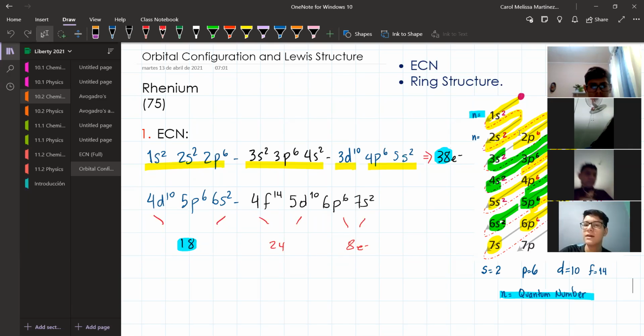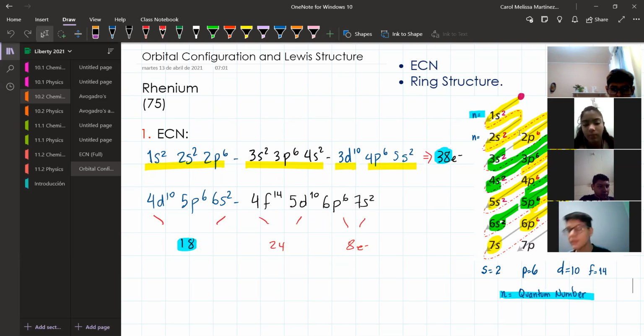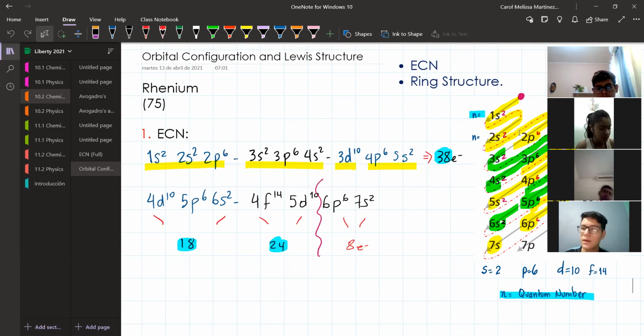Okay. I still need electrons to reach the 75. Plus 24. How much is this? 80. Okay. So I'm gonna stop here because there I have 80 electrons, which means I'm not gonna use this one.